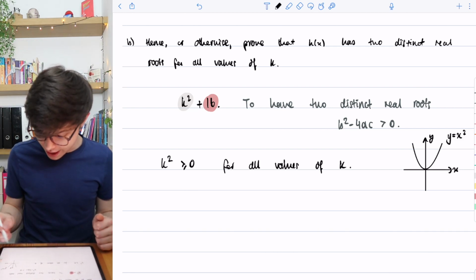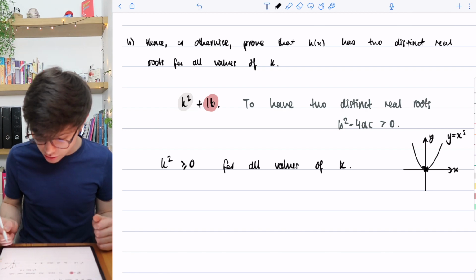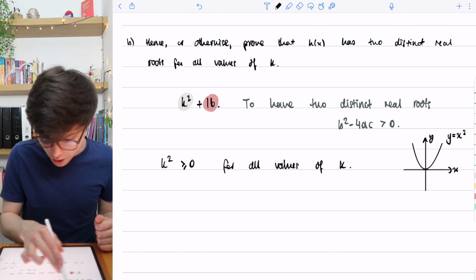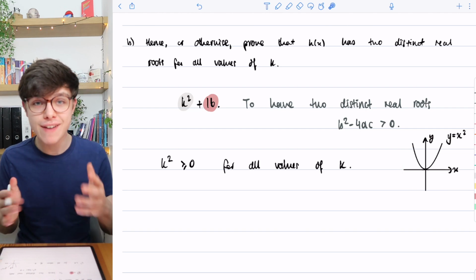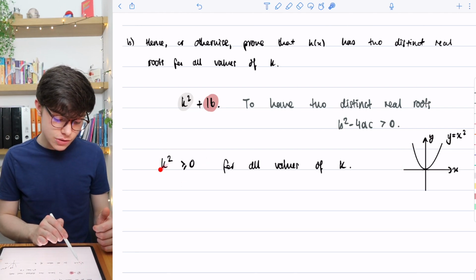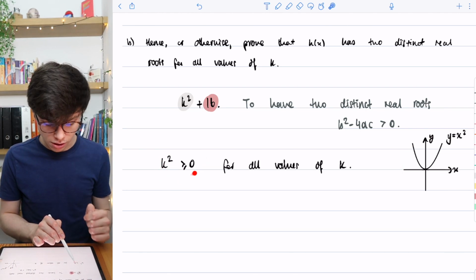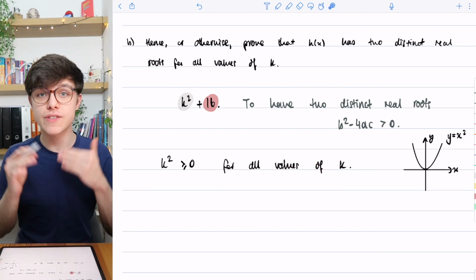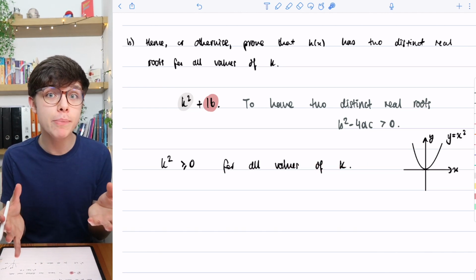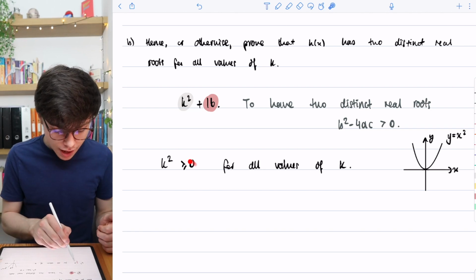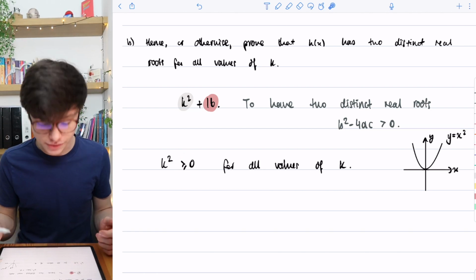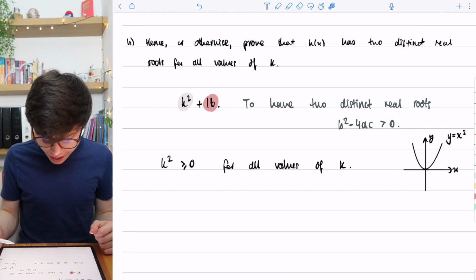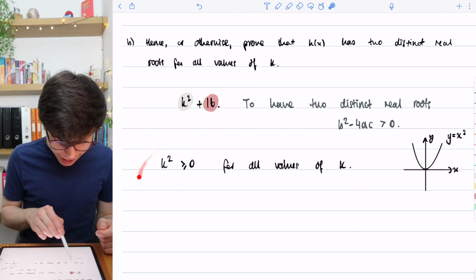I should put that on there because it could be at that turning point there. But that's the graph of y equals x squared. So if we didn't have x and we just had k, then k squared is always greater than or equal to 0 for all values of k that we put in there. Because we can put k being equal to 0 in, and that will give us k squared equals 0. Okay, so that's the case for k squared.